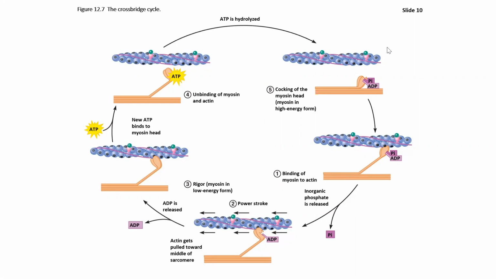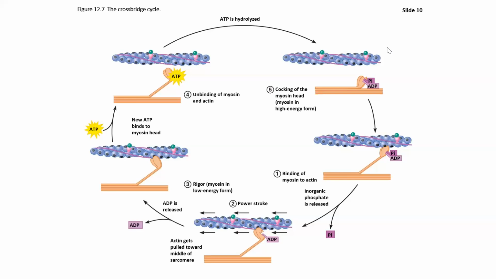Excellent question. Someone is asking, between steps 3 and 4, where does ATP come from? So we're going to talk about how ATP is produced. There are lots of mitochondria. We spoke about the structure of the muscle fibers, lots of mitochondria that are providing the ATP that's needed for this process. And so ATP is going to flood the cytoplasm and bring about this muscle contraction.